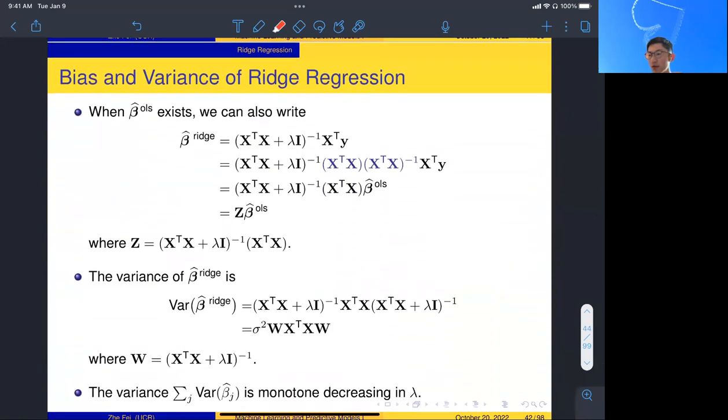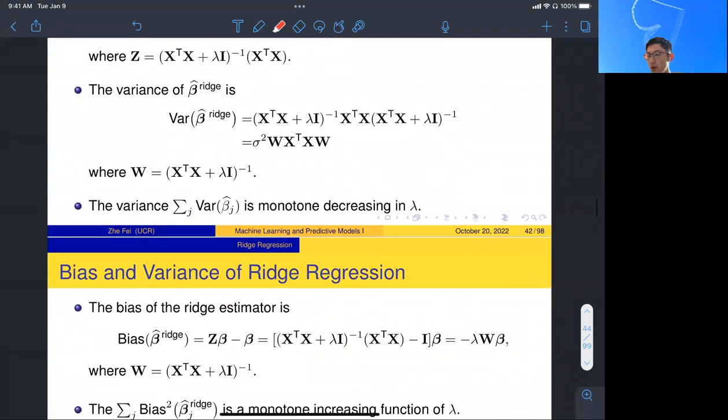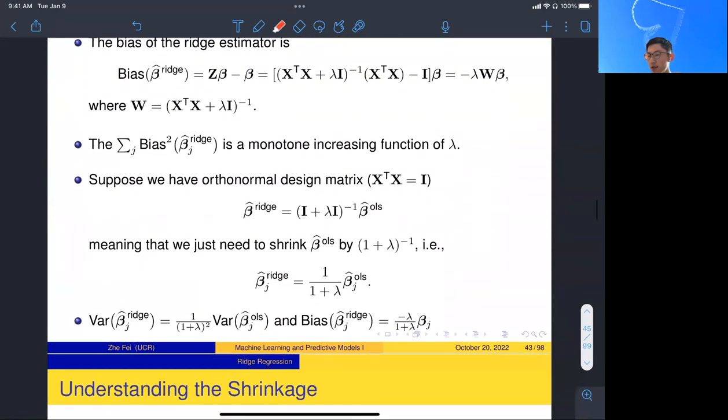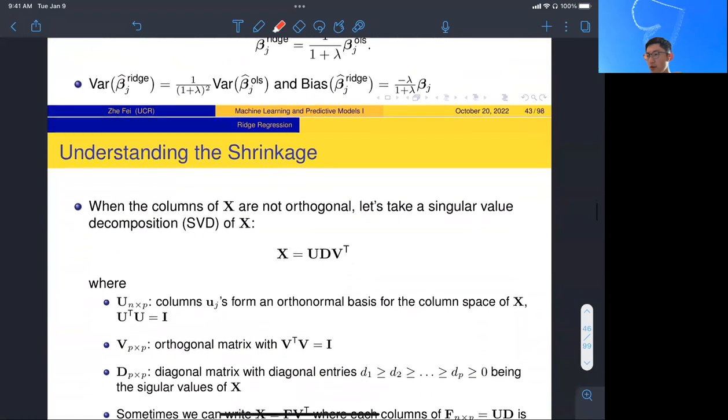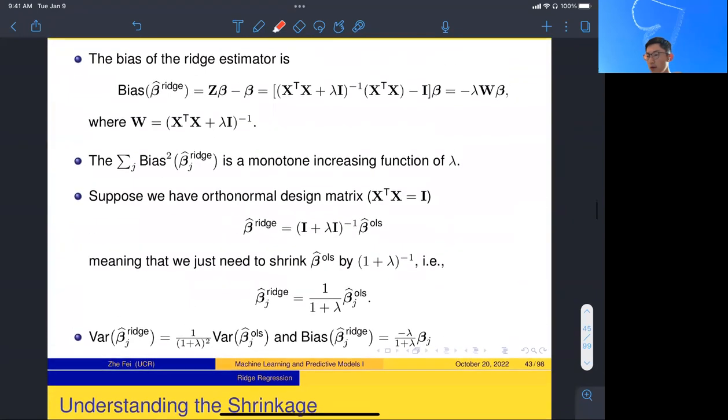Some more derivation. I don't think we need to go over this, but if we just look at the conclusion here, the idea is that beta hat ridge does have a bias term, so it is not unbiased, and it achieves the variance reduction as we see here.